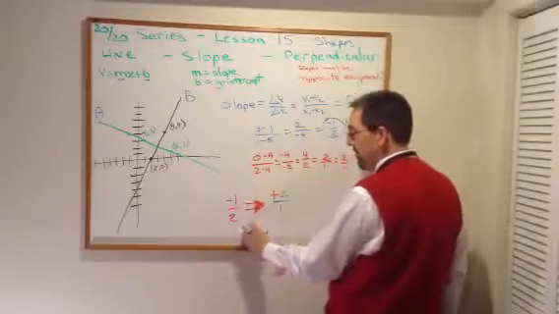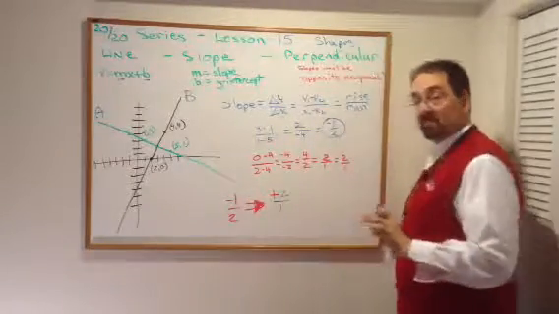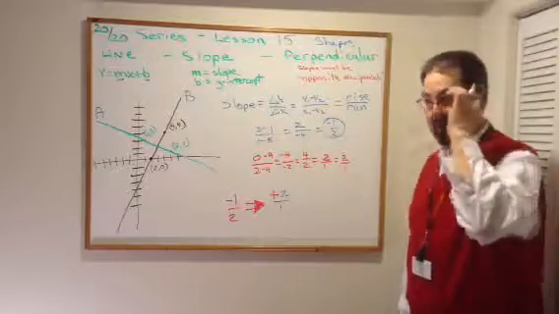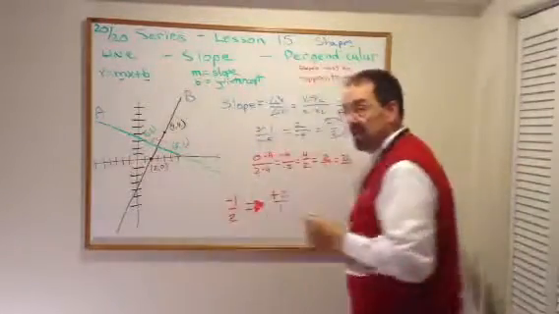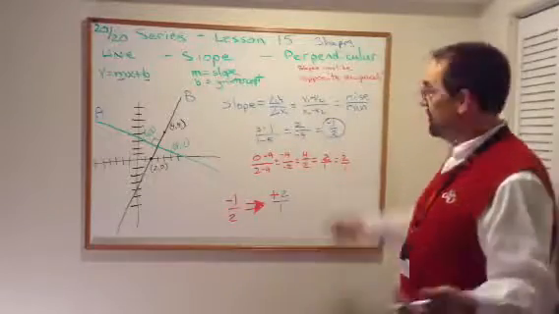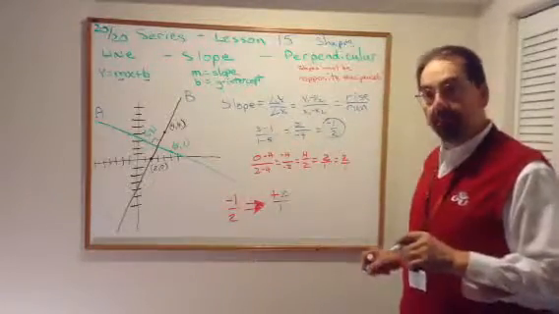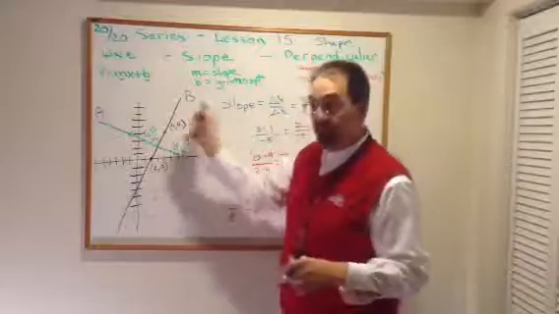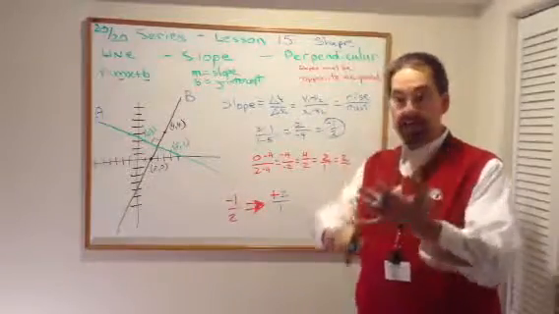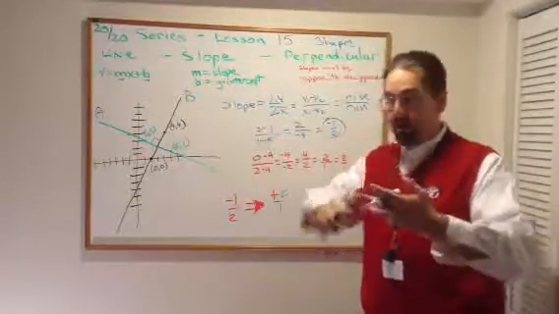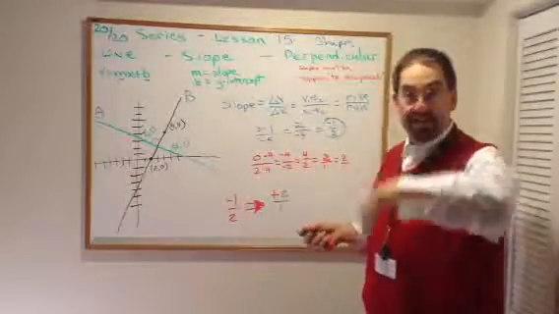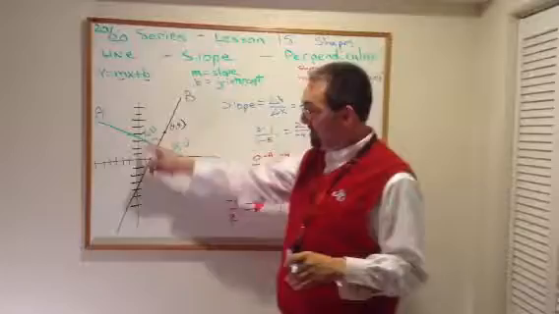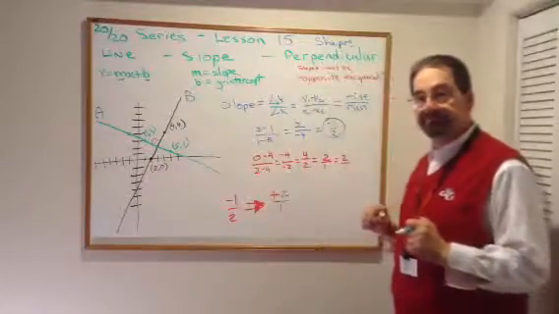See how negative 1/2 is the opposite reciprocal of 2 over 1? Indeed, these two lines meet at a 90-degree angle. They are indeed perpendicular. So this could be the first step of showing whether it was a kite, or a square, or a rhombus, or to say it's not a certain shape because of the 90 degrees.